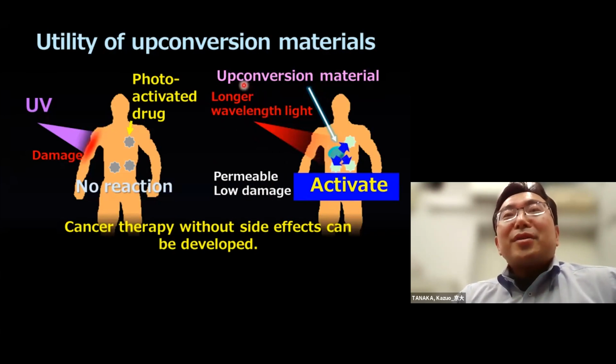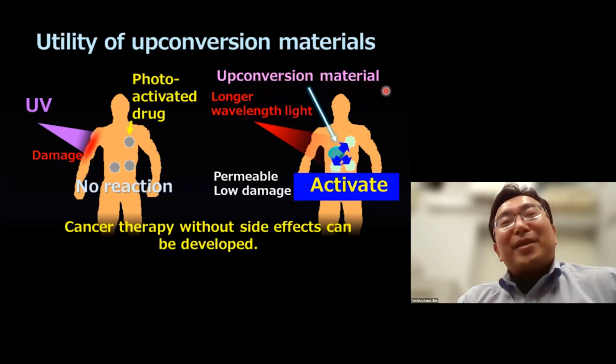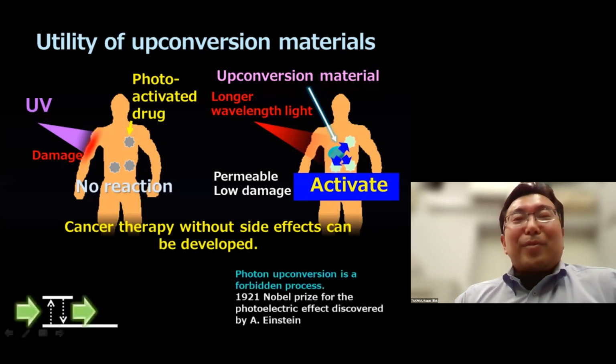And by using the up conversion material, this lower energy light can be converted to higher energy light. As a result, photoactivation drugs can be activated. So it is an imaginary scheme, but if we can obtain such up conversion materials, this imaginary system should be realized.